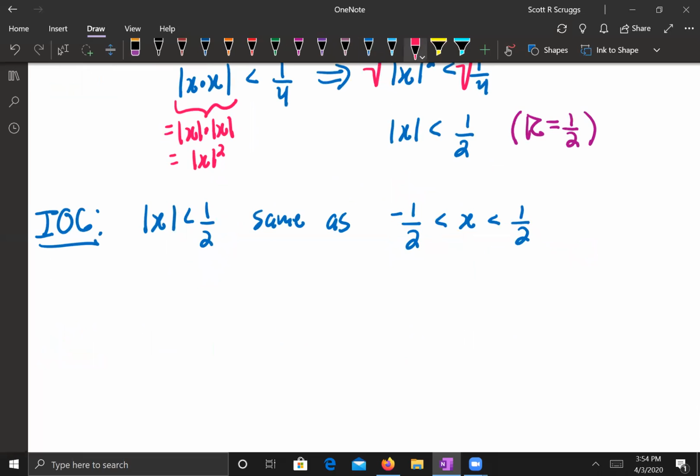And remember, because of this, that's going to form an interval. So that means I know that so far my interval of convergence will be negative 1/2 to positive 1/2, but I don't know if I can or cannot include the endpoints.